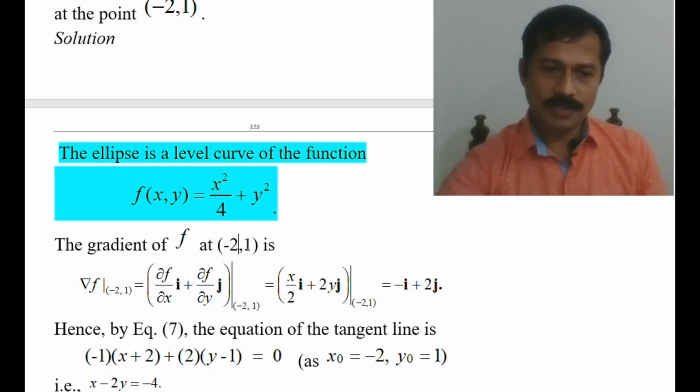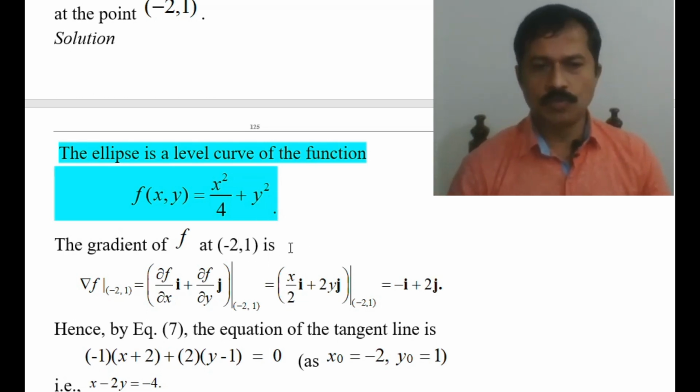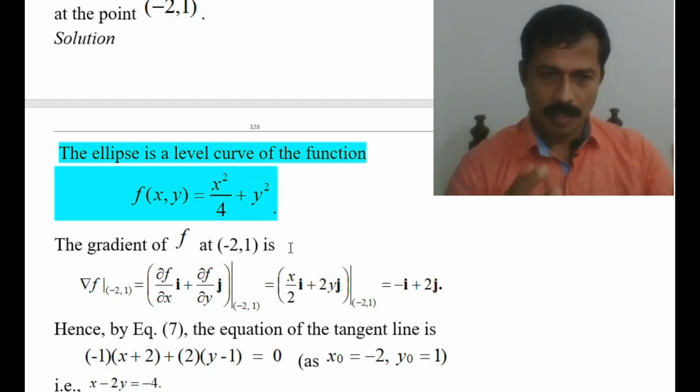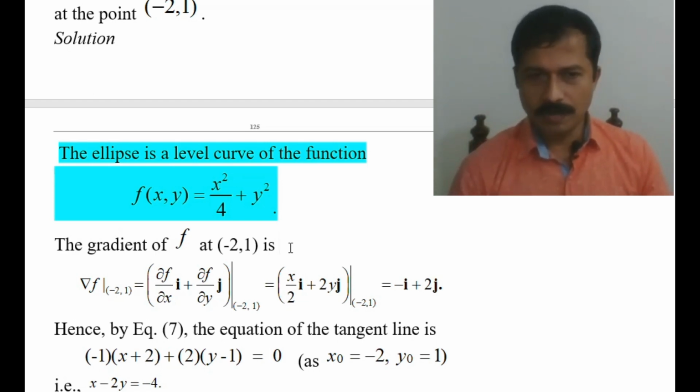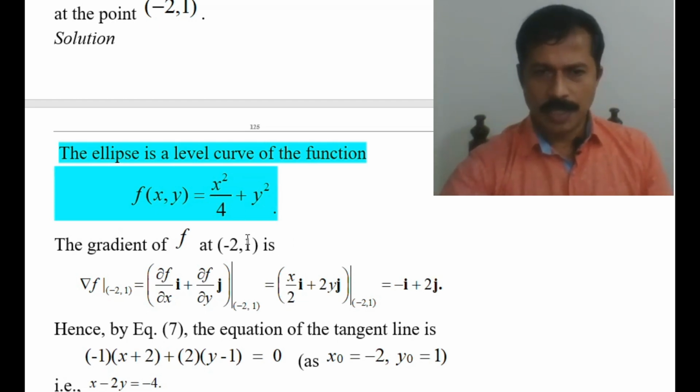So the gradient at the point (-2, 1): the gradient of f is the partial derivative of f with respect to x i plus the partial derivative of f with respect to y j. The partial derivative of f with respect to x is 2x by 4, which simplifies to x by 2, i plus the partial derivative of f with respect to y is 2y, so 2y j.